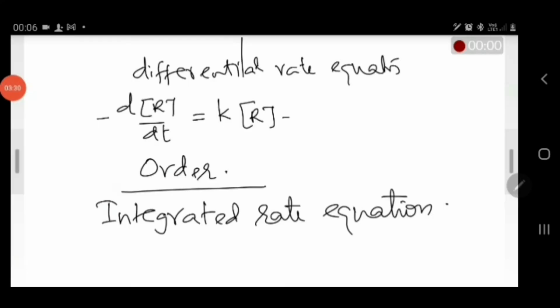The integrated rate equation is very important with respect to the university board exam and any other exam you are going to appear for. So let's talk about the integrated rate equation for first order reaction.